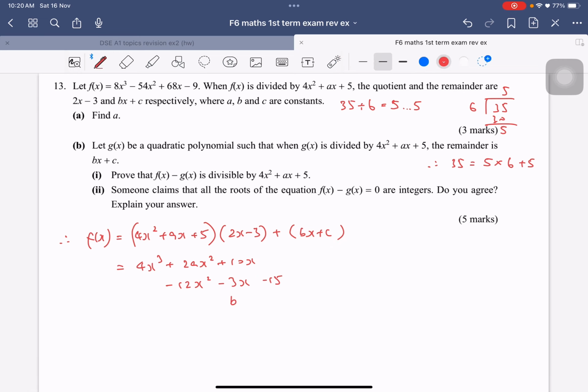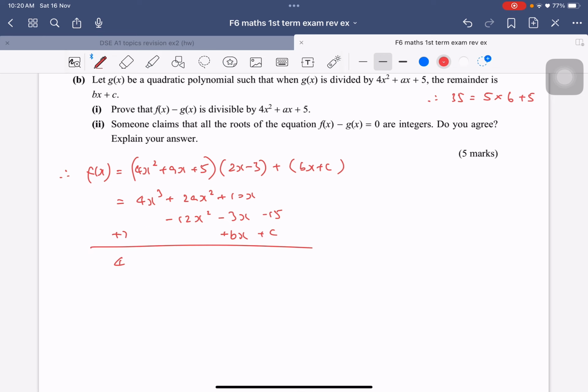I can add all of the things together, so I have 4x cubed. Sorry, this should be 8, because 4 times 2 gives you 8. So 8x cubed, and then plus (2a minus 12) x squared plus (7 plus b)x plus c minus 15.